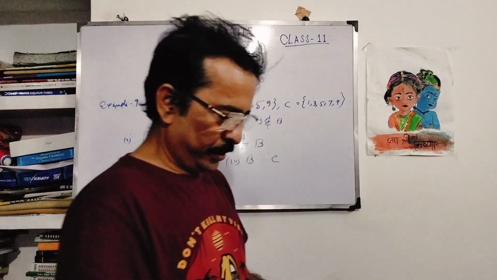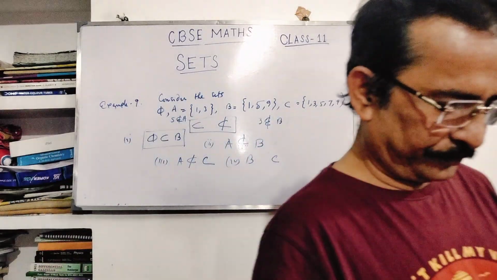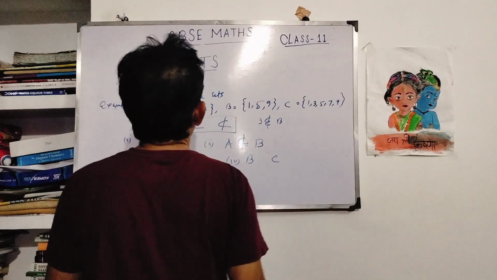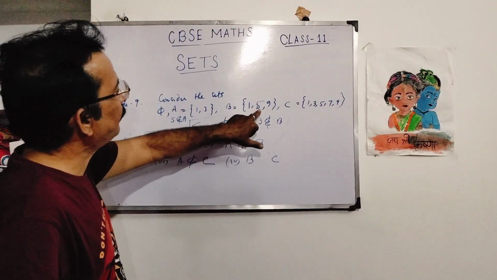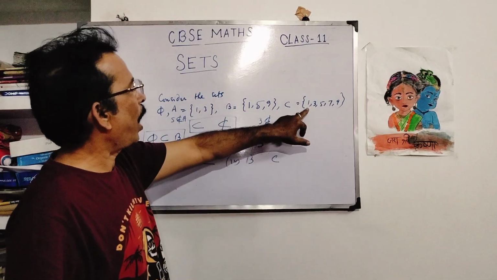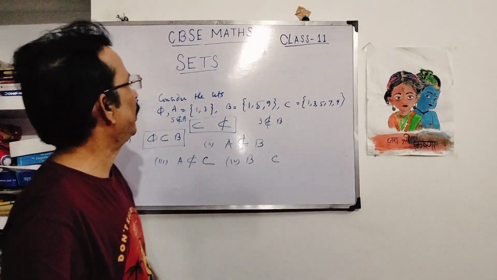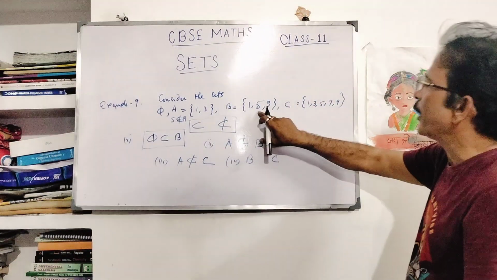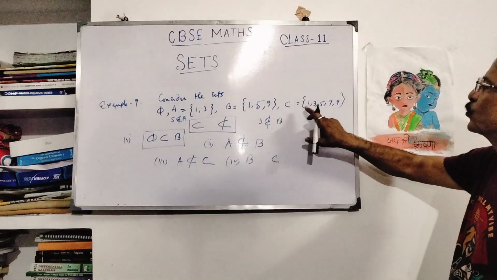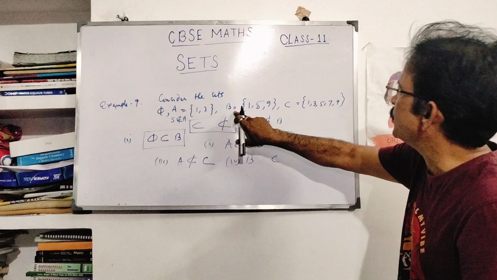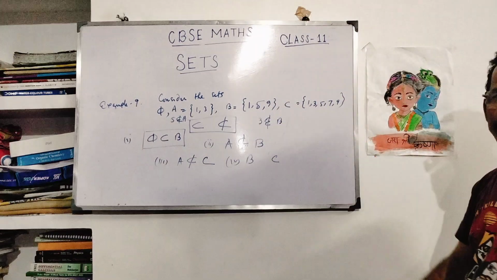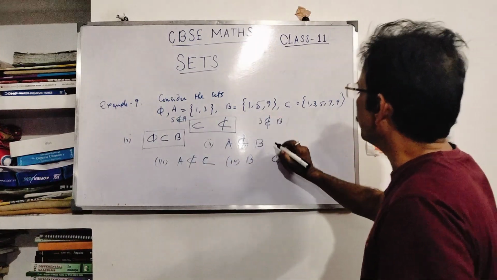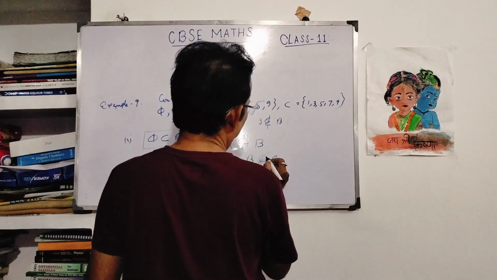Here B is 1, 5, 9 and C is 1, 3, 5, 7, 9. 1 belongs to B, 1 belongs to C. 5 belongs to B, 5 belongs to C. 9 belongs to B, 9 belongs to C. Understood? That's why B is a subset of C.